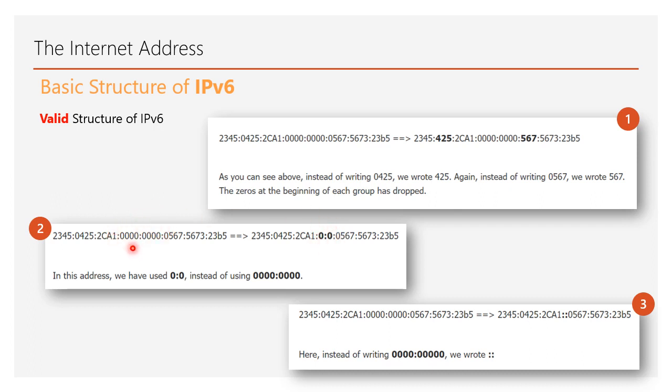So we shorten the 4 groups of zeros to one zero. So this is the third example of valid structure of IPv6: how we simplify the zeros by using this symbol.